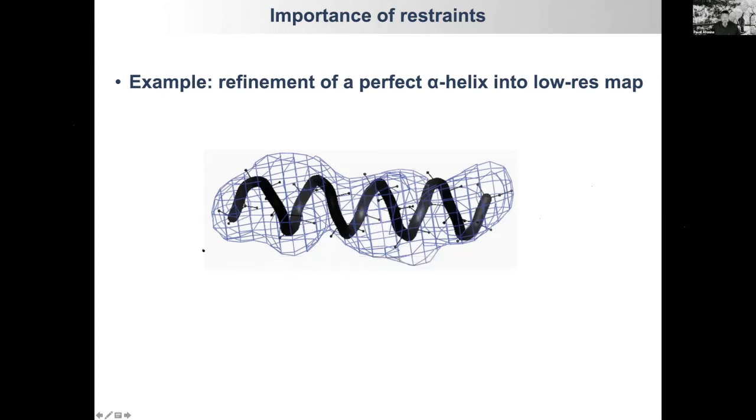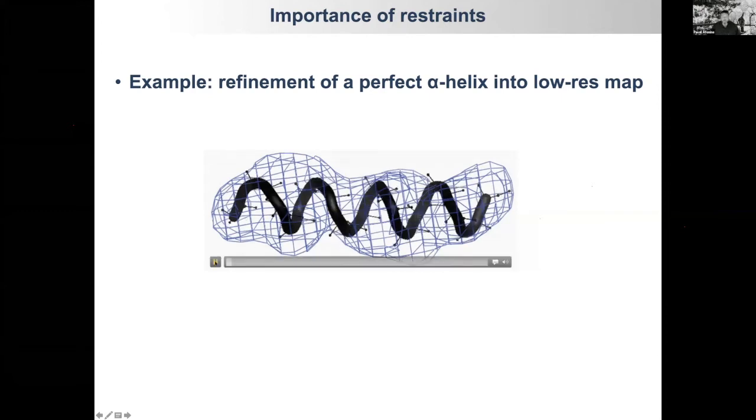Without bringing the information into this refinement process that this is actually an alpha helix, we just place a bunch of atoms that represent an alpha helix to begin with, but we don't tell the refinement procedure that this is an alpha helix. And this is what's going to happen.